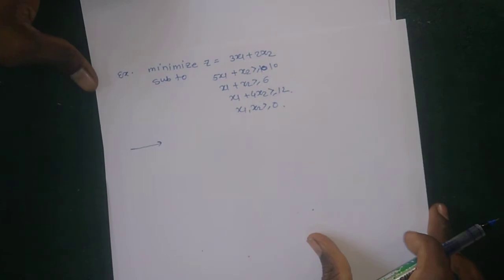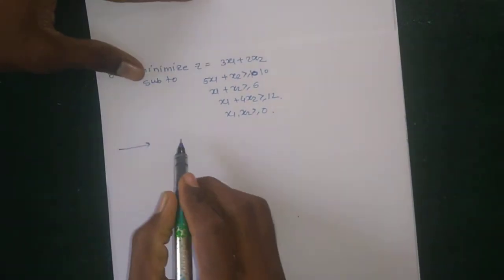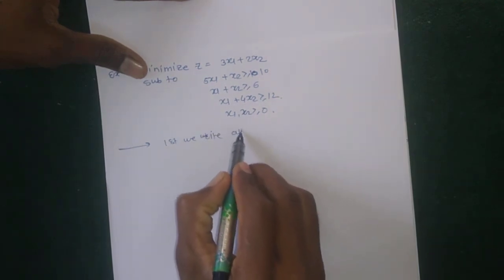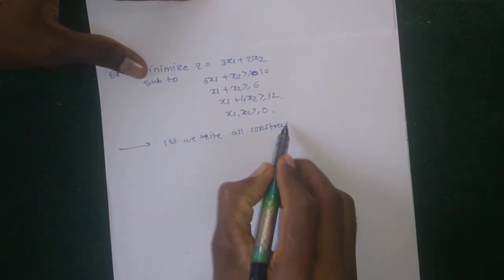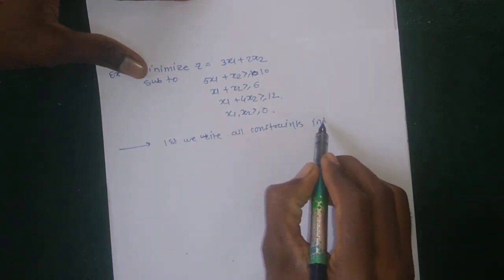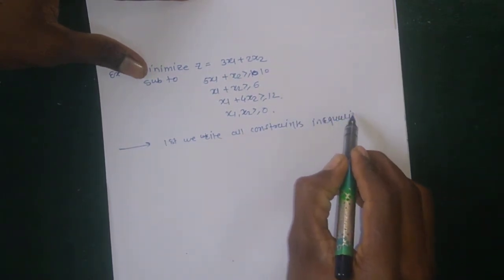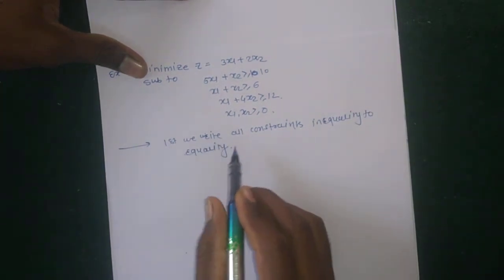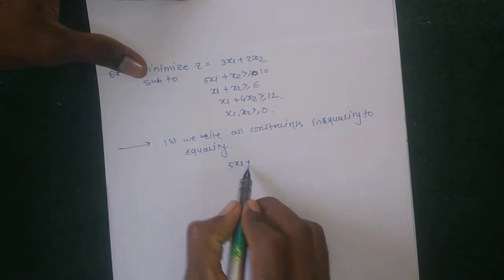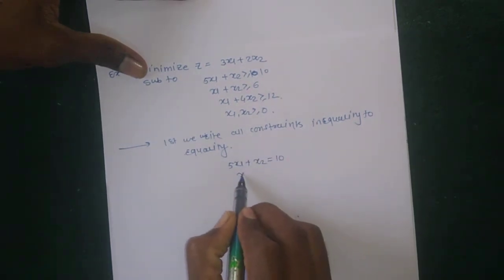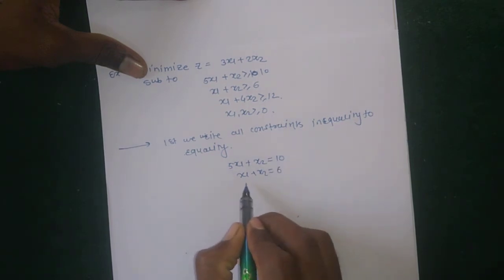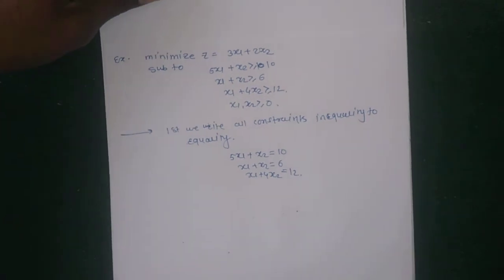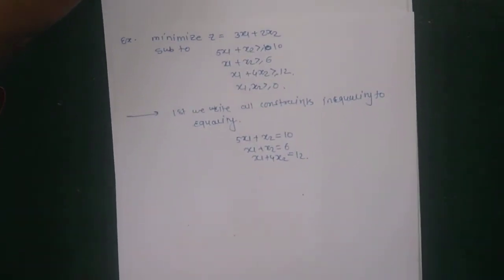Firstly, we write all constraints from inequality to equality form, that is 5x1 plus x2 equal to 10, x1 plus x2 equal to 6, and x1 plus 4x2 equal to 12. So find the points of each constraint.